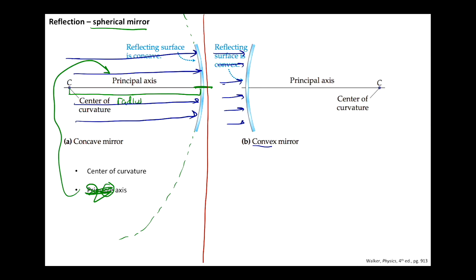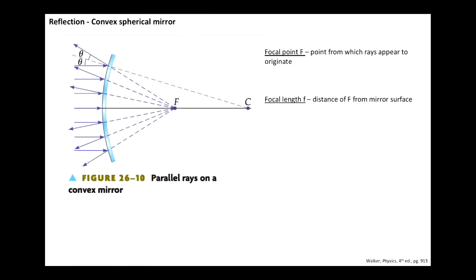All right? So you get the idea, concave, convex. We're going to analyze each of these in maybe what might seem to be a ridiculous amount of detail in the upcoming slides. So we're going to start with the reflection that we see in a convex spherical mirror. This one is, I guess, the easiest of all of them.